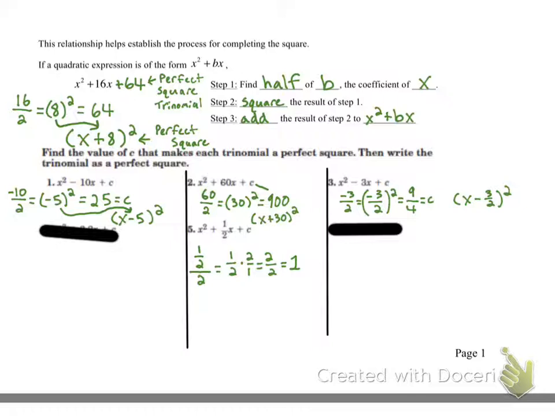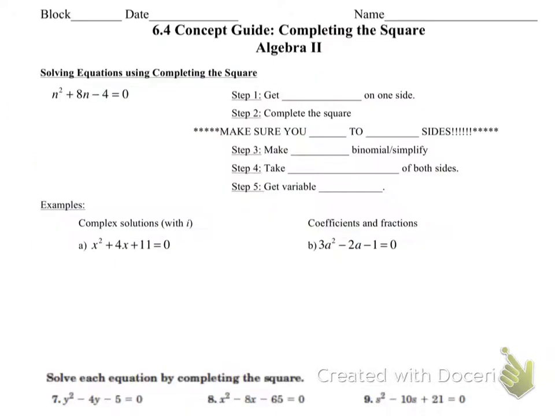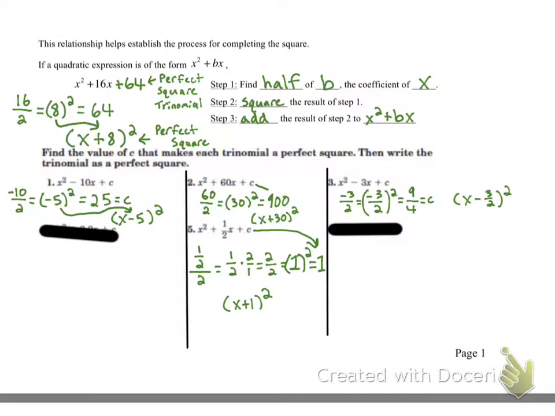So 1/2 divided by 2 is the same thing as 1/2 times 2. That gives you 2/2, which gives you 1. So 1 squared equals 1. So x plus 1 squared. Oop, too fast. So you get c is 1, binomial is x plus 1 squared.